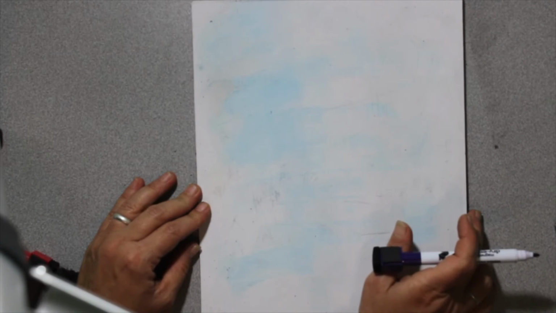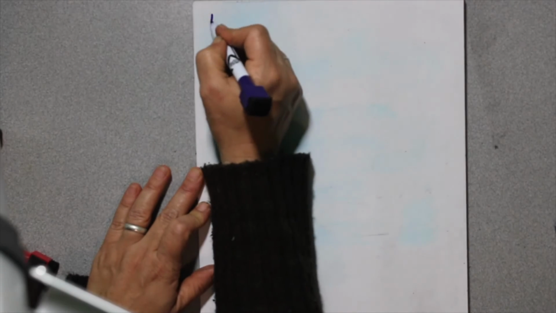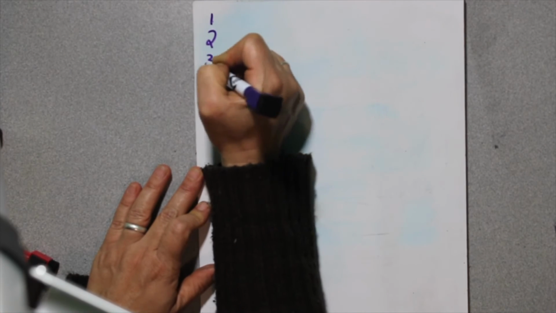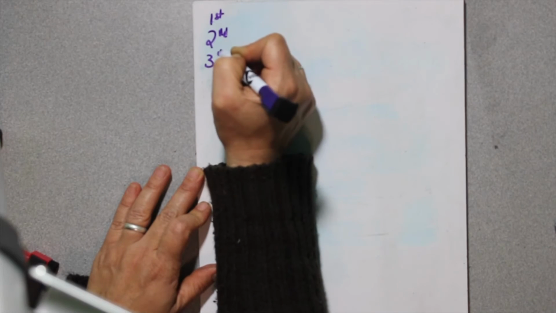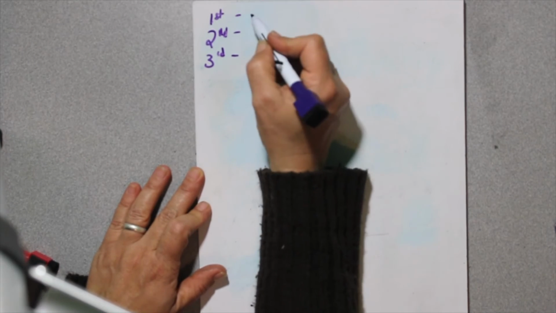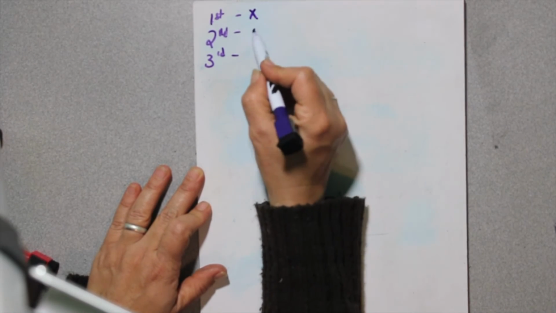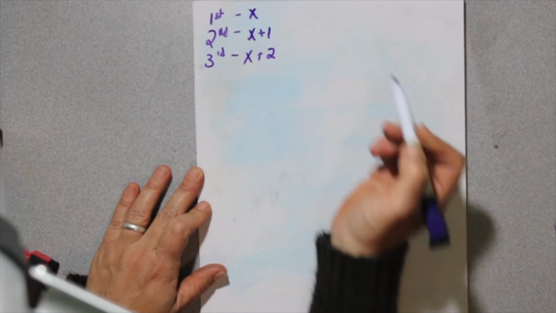They are trying to make it super confusing, but it doesn't have to be. All right, so we're going to say first, second, third. Okay, so the first consecutive integer is going to be x. The second one is going to be x plus 1. And the third one is going to be x plus 2.